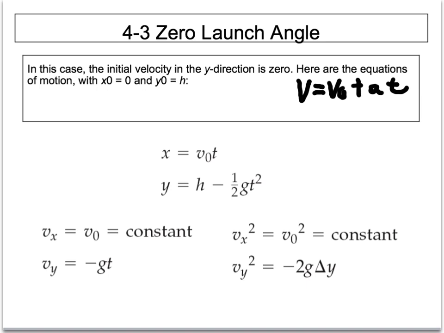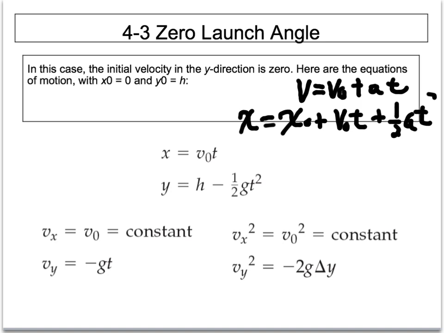We have final position equals initial position plus initial velocity times time plus half acceleration times time squared. And we have v squared, final velocity squared, equals initial velocity squared plus 2 times the acceleration times your change in position.